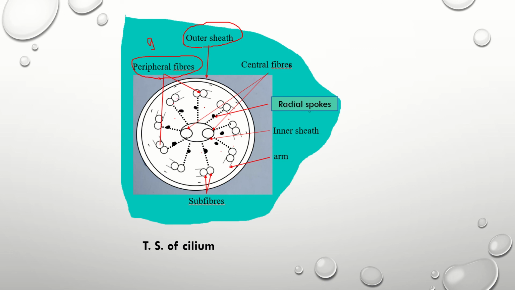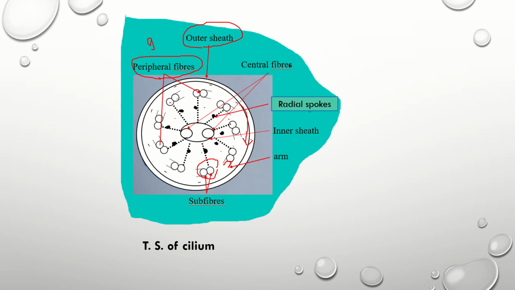One of them carries a double row of short arms or projections, and the other is an incomplete subfiber with a pair of short arms or projections. All these peripheral fibers run in the same direction, like clockwise.